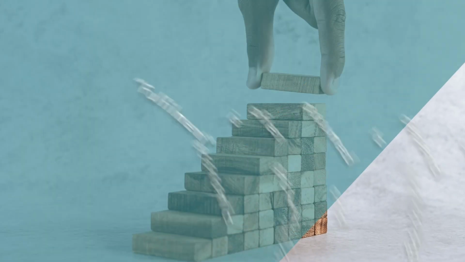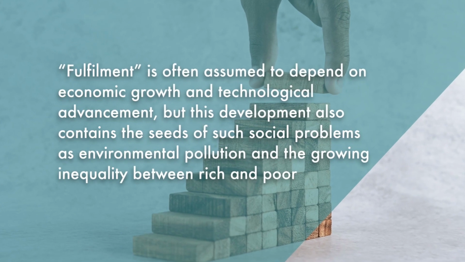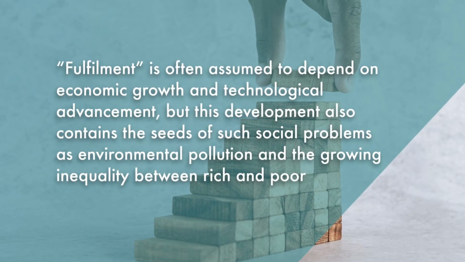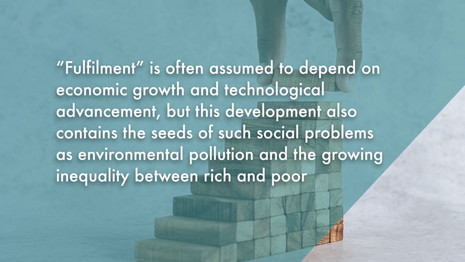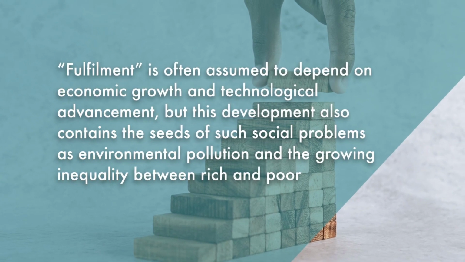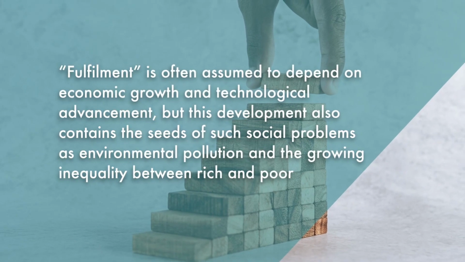Fulfillment is often assumed to depend on economic growth and technological advancement, but this way of development also contains the seeds of a number of social problems. There is environmental pollution and the growing inequality between rich and poor, and you will find the classification of developed and developing world and so on.